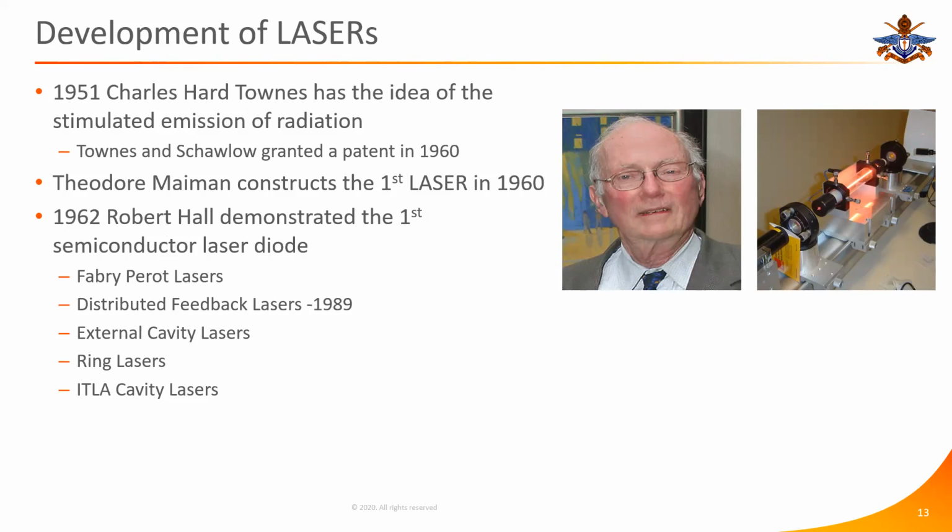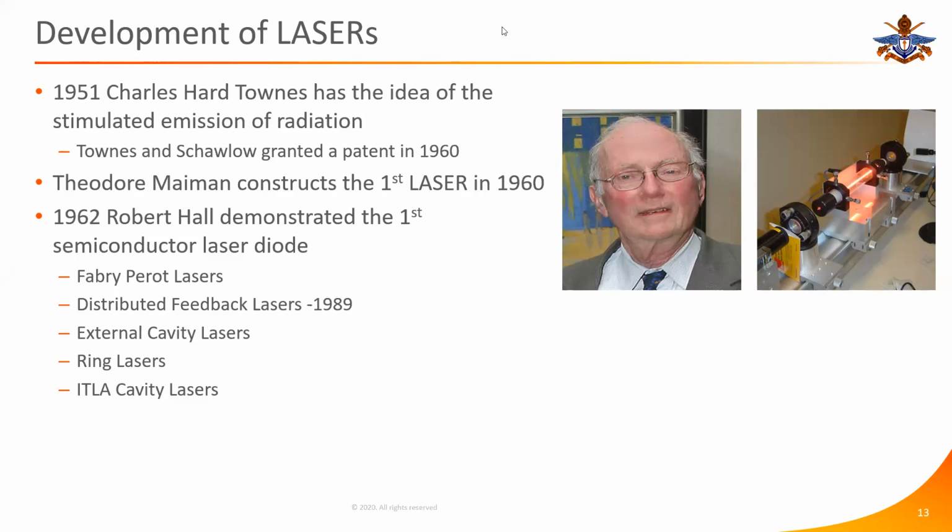From that point, a French physicist, Fabry-Perot, created a laser that can be used in fiber optic transmission. By 1989, we managed to get a very narrow laser, which we call the distributed feedback laser, that was suitable to carry data over a long distance.